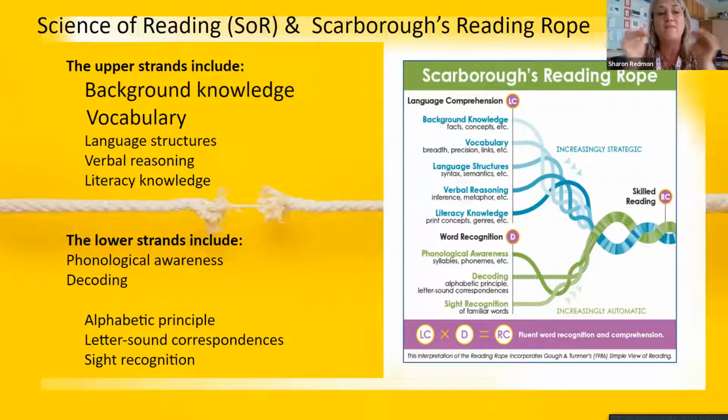We're going to be focusing really on that upper strand of looking at and building that background knowledge, right? So we know we have a lot of work to do for our emergent readers and emergent AAC users, and whether they are more comprehensive in their journey through that. But we know we still have that lower strand of that word recognition, phonological awareness, decoding, sight word recognition. We know we need that, right?